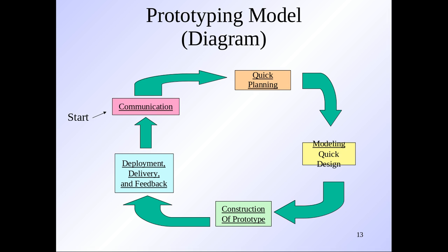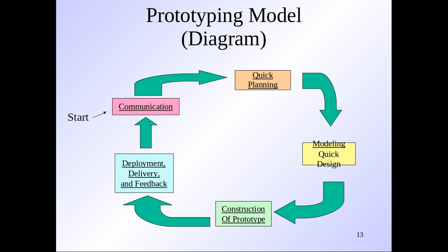The different phases of prototyping begin with communication. In communication, the software prototyping paradigm starts with communication between developer and customer, and it defines the overall objective of the desired software and identifies its requirements. Next is quick design or quick planning. Quick design focuses on the aspects of the software that are visible to the customer.